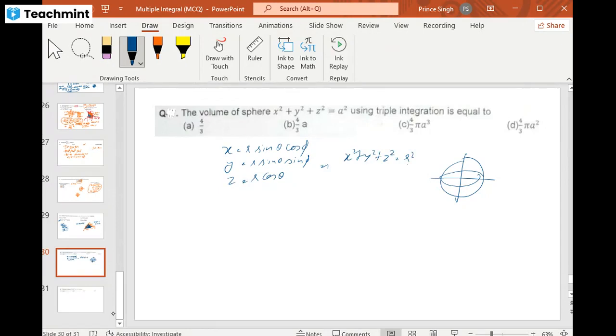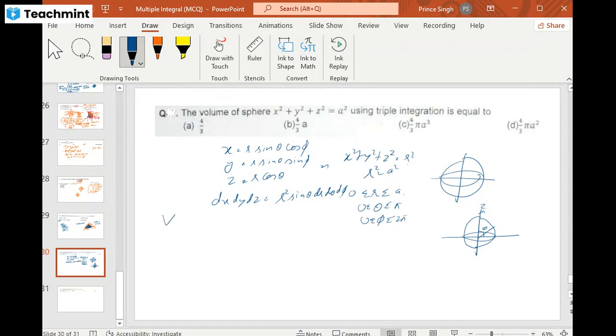But here r square equal to a square, so it means the limit of r varies from 0 to a. To construct this sphere, firstly we construct a semicircle, that is the theta angle which is made with the z axis, with the limit 0 to pi, and then we construct a circle in the xy plane to convert this semicircle into a sphere, with the limit phi varies from 0 to 2 pi, and dx dy dz will be converted into r square sine theta dr d theta d phi.